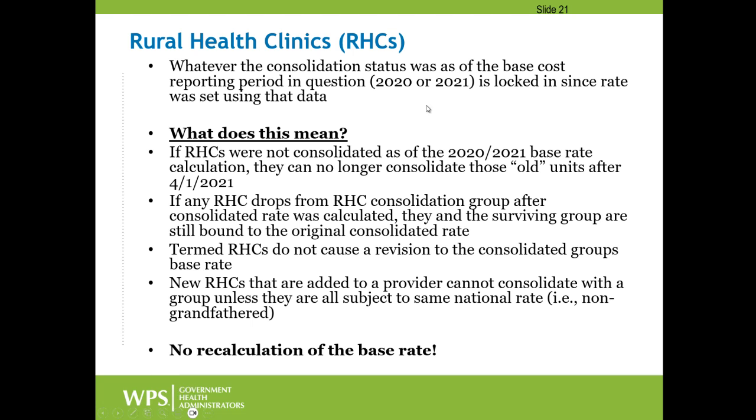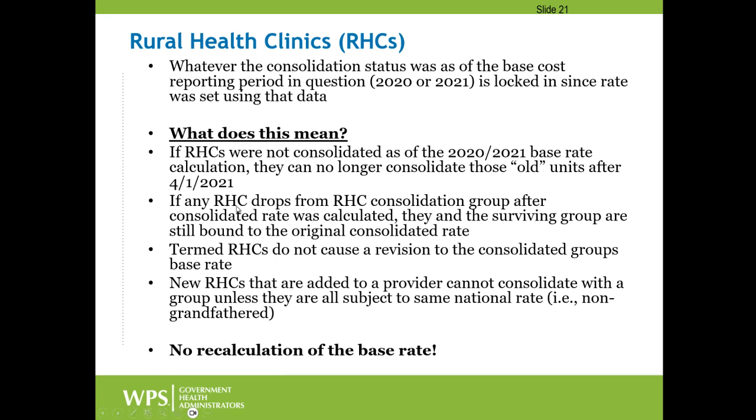And again, a lot of times that'll happen if you have an extra RHC that it's right toward the end of that time period. It was still before 1/1/21, but it hadn't been around for a long time and it didn't have any cost. So if you have RHCs that were not consolidated as of that 2020-2021 base rate calculation, those cannot be consolidated after 4/1/21. You're now locked out of it permanently because the rates were set individually and we can't merge them together. That's what CMS has clarified for us.